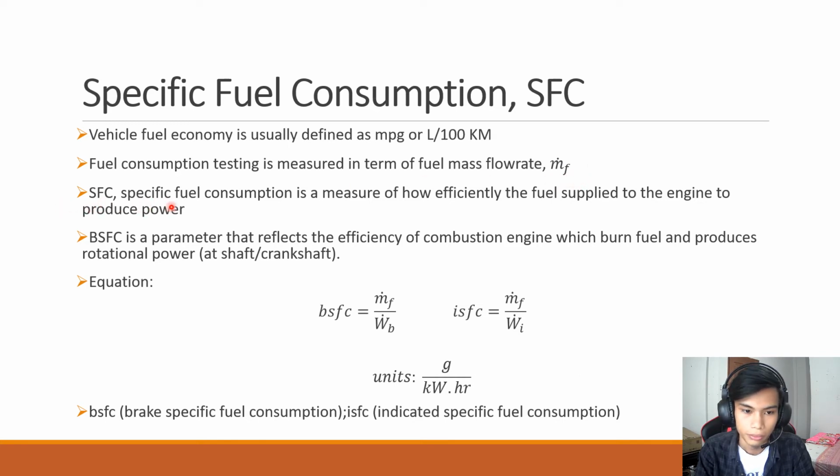SFC, or specific fuel consumption, is a measure of how efficiently the fuel supplied to the engine produces power. While BSFC, or brake specific fuel consumption, is a parameter that reflects the efficiency of a combustion engine, which burns fuel and produces rotational power either at the shaft or crankshaft.